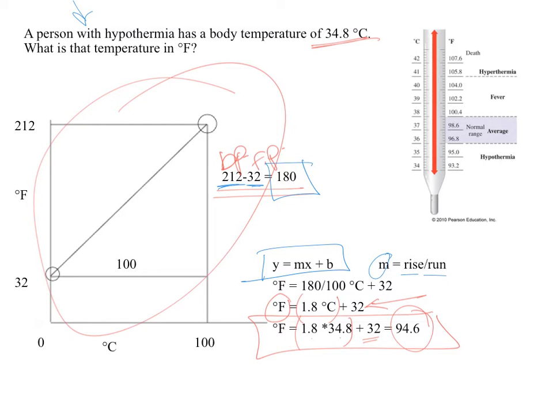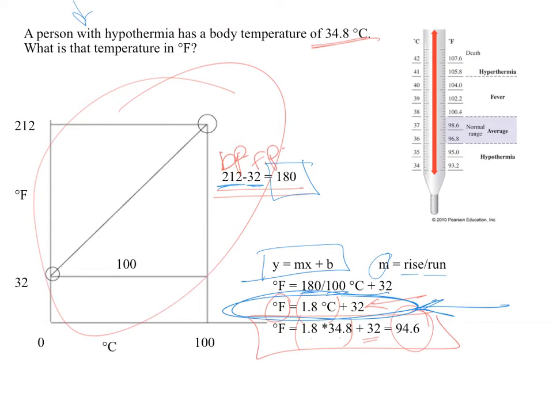As you go up 180, you go over 100 degrees, well, 180 divided by 100 is 1.8. And then you've got to add 32. So this right here, that is your equation for converting Celsius to Fahrenheit.